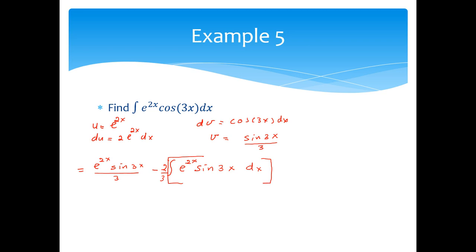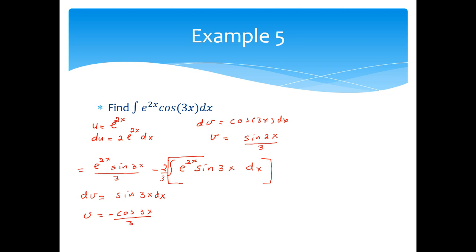For the integration of this, u is going to be the same, but dv would be equal to sine of 3x dx. That means v equals negative cosine 3x over 3.